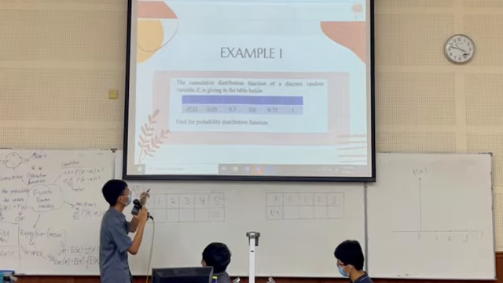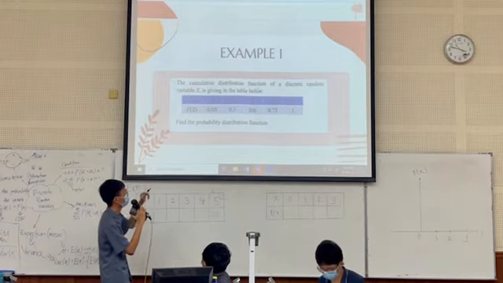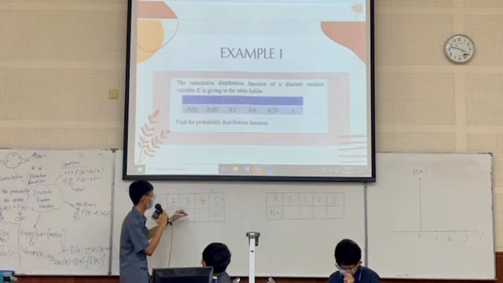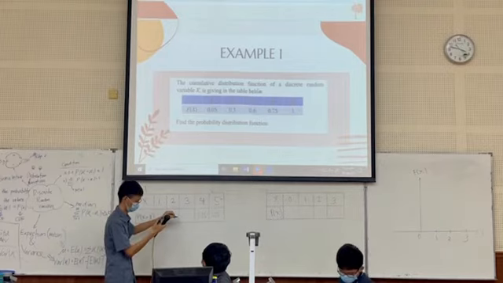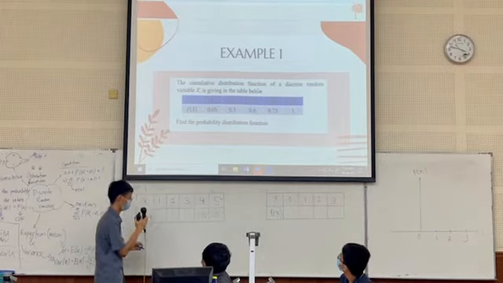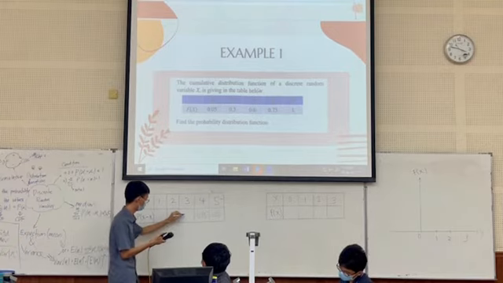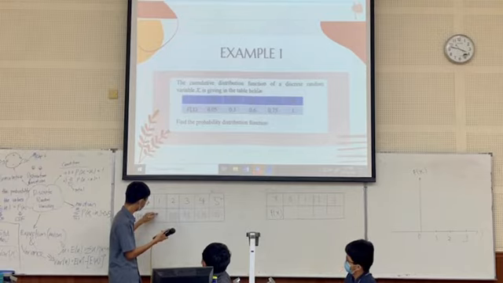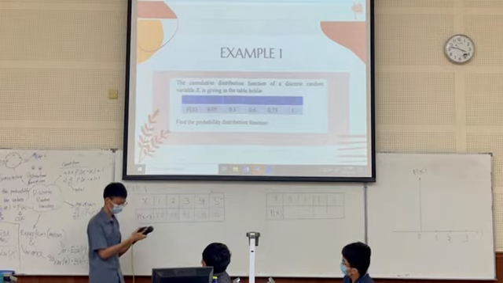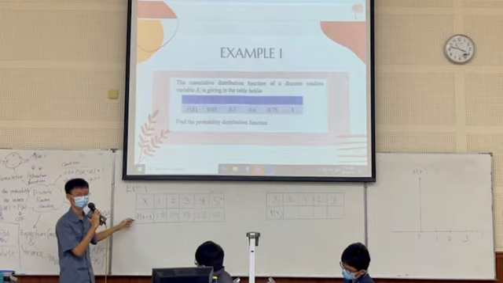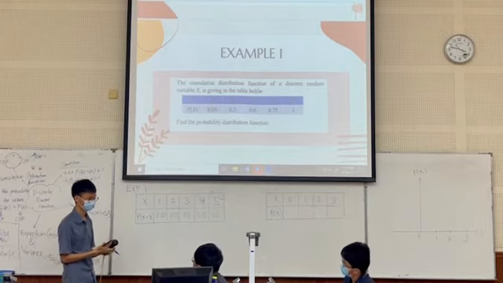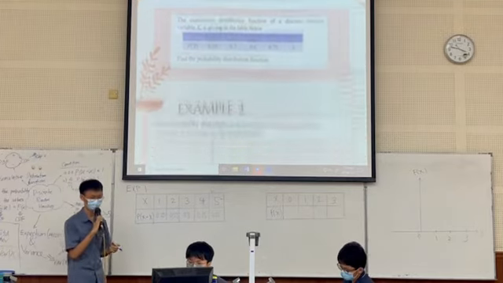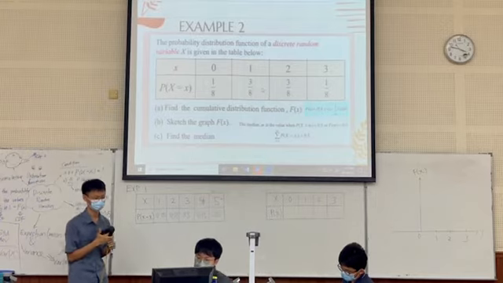And 0.75 minus 0.6, we will get 0.15. So we will get our answer like this. We will go to the next question.